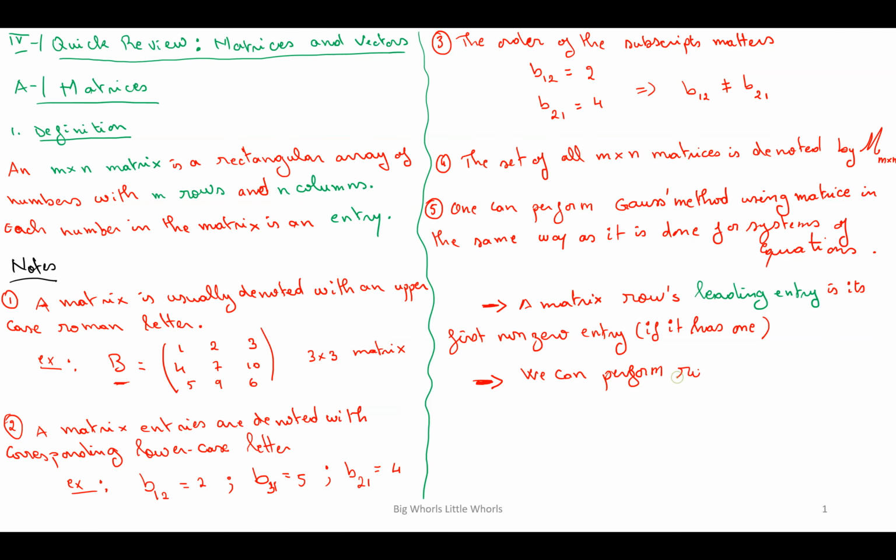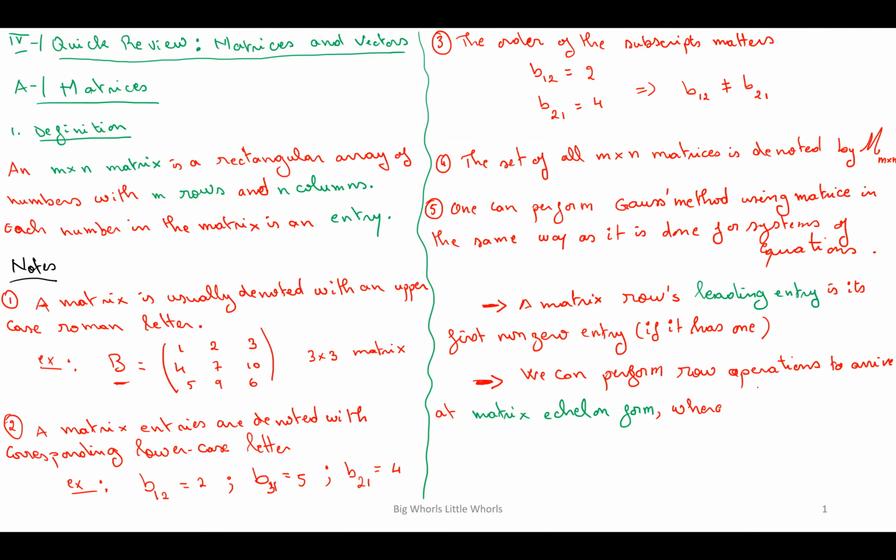You can perform row operations, that means Gauss's method or Gaussian elimination, to arrive at matrix echelon form, where the leading entries in lower rows are to the right of those in the rows above.